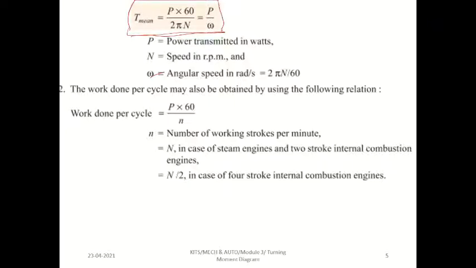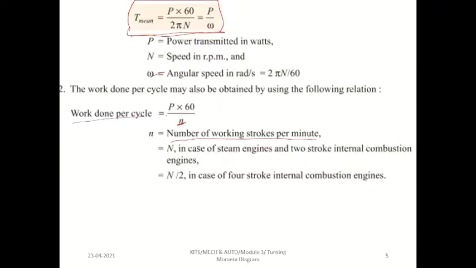Next, work done per cycle is power into 60 divided by n, where n is the number of working strokes per minute.